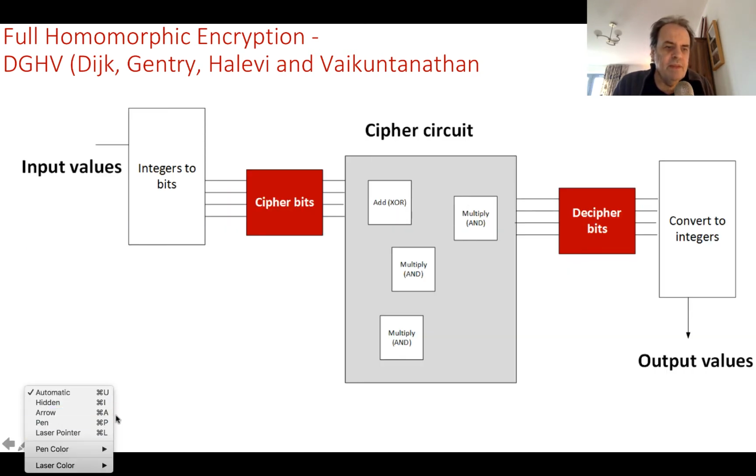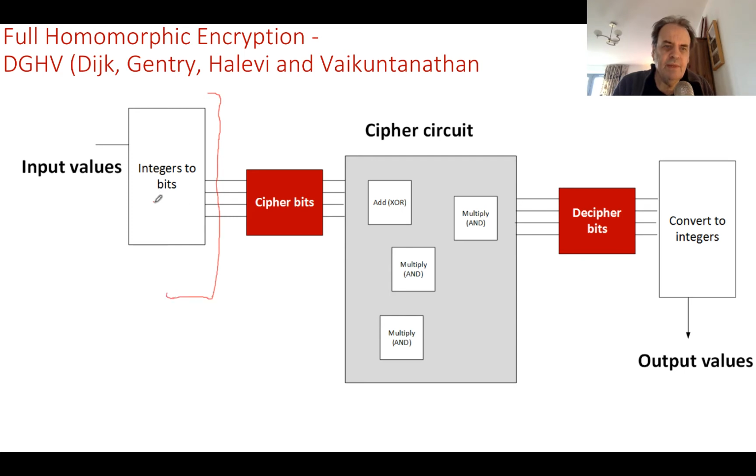The way we implement this is with cipher bits. We take, say, integers, convert them into bits, and cipher each bit one at a time to produce a cipher bit. Someone observing here cannot determine what the actual original bit was.